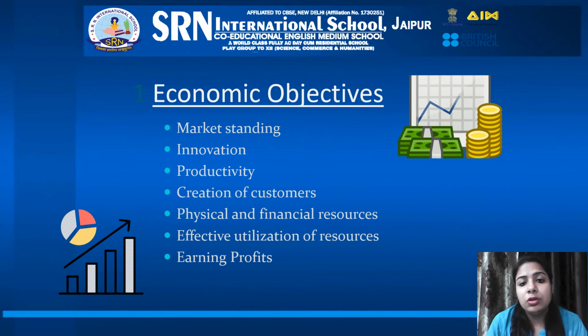Physical and financial resources are also a very important part of this economic objective. Then effective utilization of resources, whether it's funds, financial resources, manpower resources, or any kind of technical resources, should be used effectively. And the basic objective of any business is earning profit.